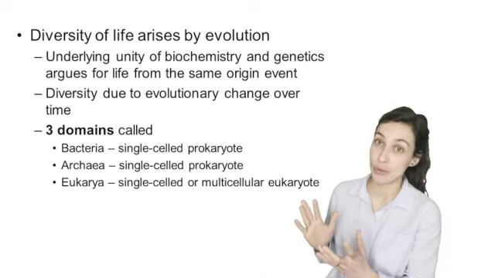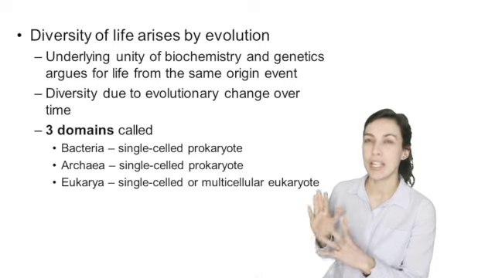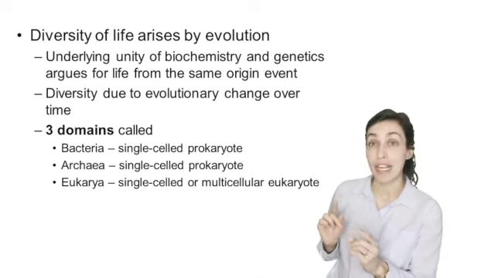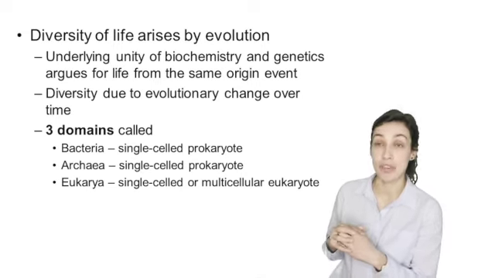It sounds like the 2 domains are the same, but they do have some differences that we will get into a little bit later. If you want to know more, however, you should take a microbiology class, because that's where all of this is talked about in depth.